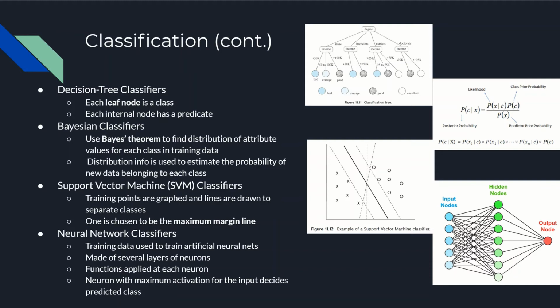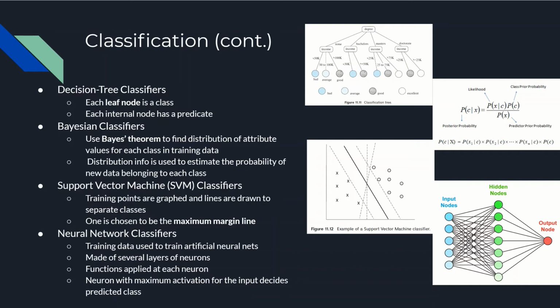But the darker line, the bolded line, is the maximum margin line. This is the line with the maximum distance from the 2 closest points from within each class. Once in place, any new points will automatically be part of one class or the other.